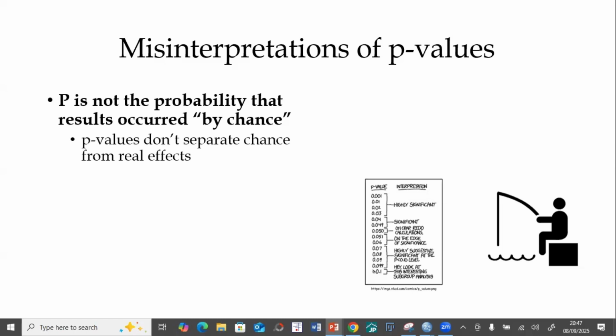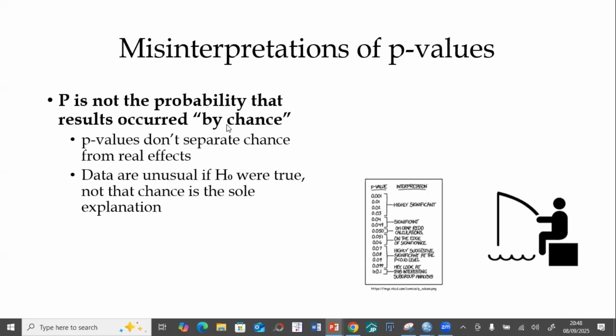The source of that result could be random error, sampling error, could be by chance, could be due to an actual true effect. P-value in no way tells us the source of that result. So therefore, we cannot quantify this chance that we are talking about here. What it just tells us is what are the chances of us getting this result when actually there is no difference in the first place.